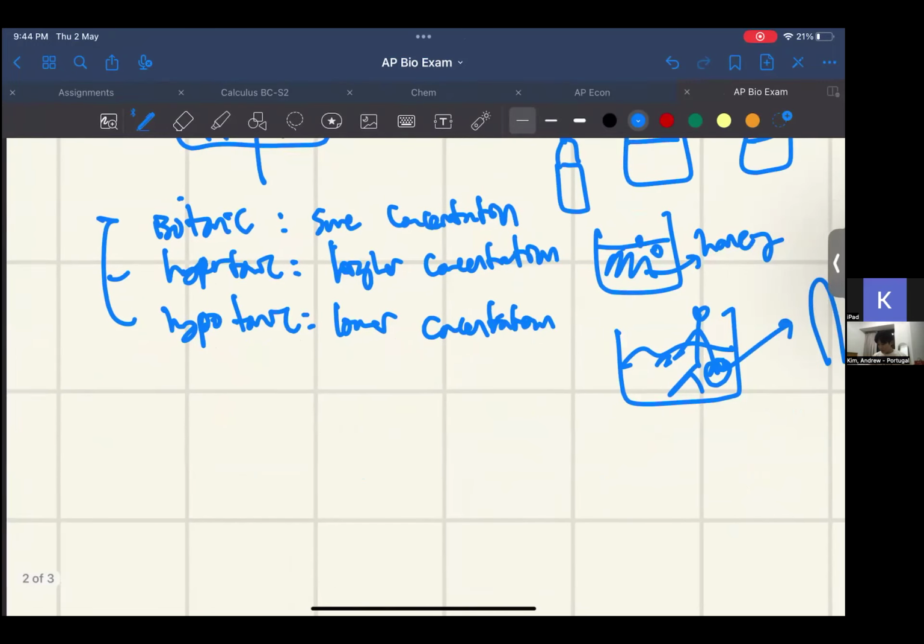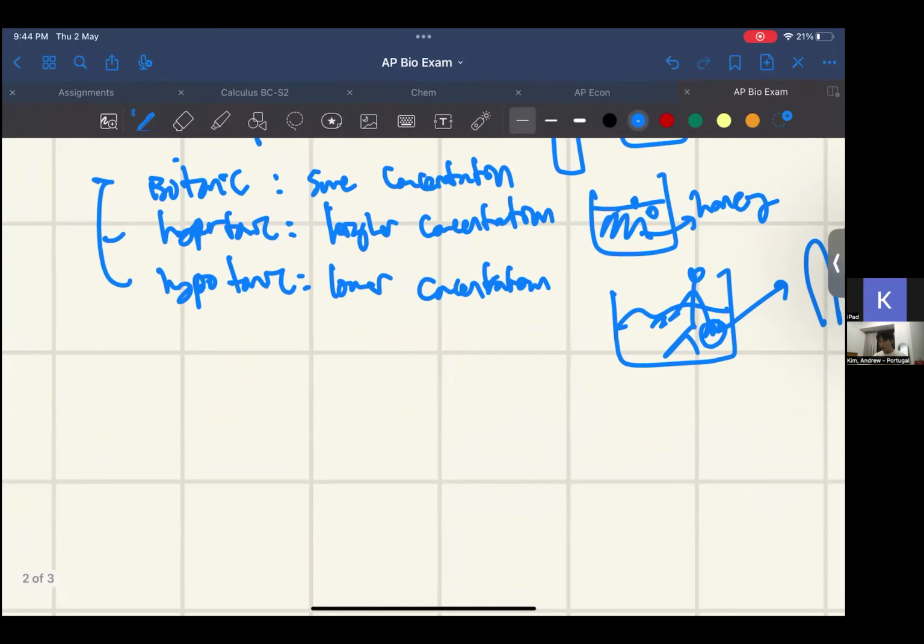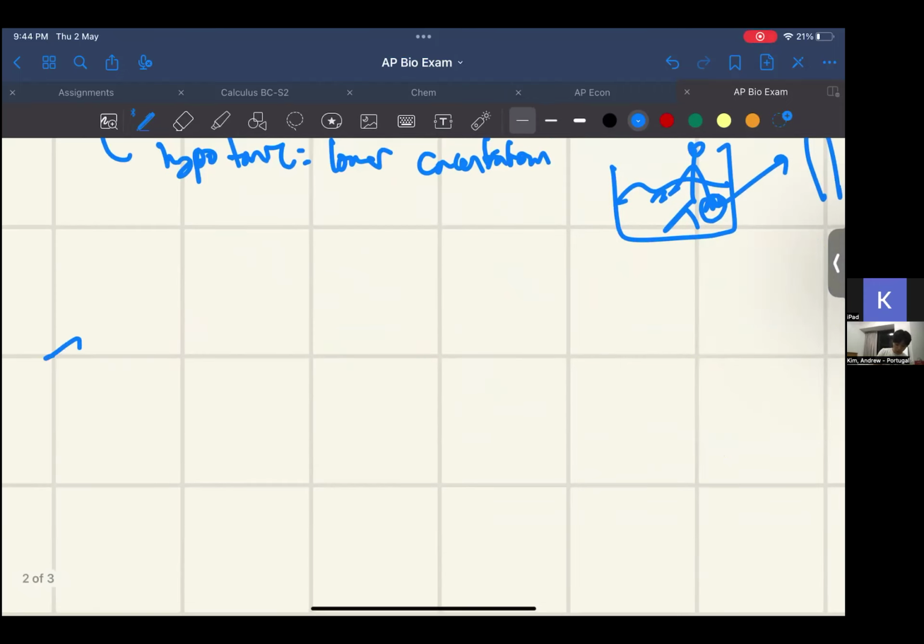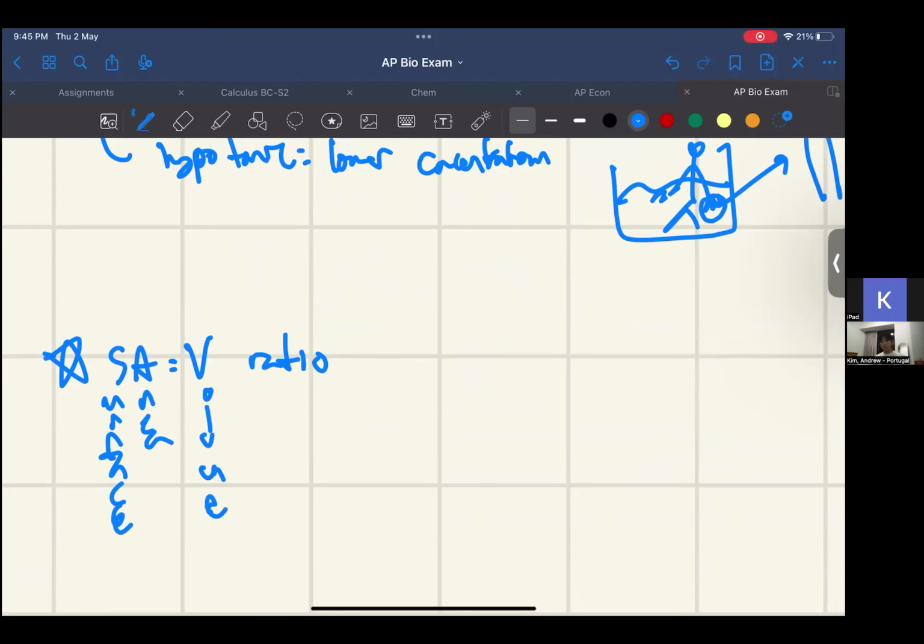Now, that is pretty much it with osmosis. Now, what I want you to remember is something very important, which is SA to V ratio. Now, SA is surface area and V is volume. Now, some people ask me, Andrew, Rahul Cortez is so tall.